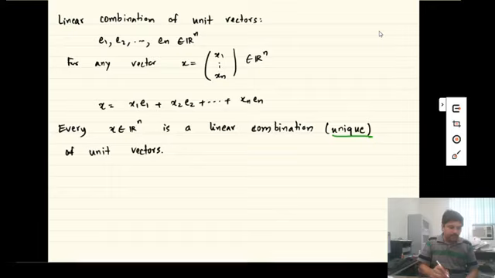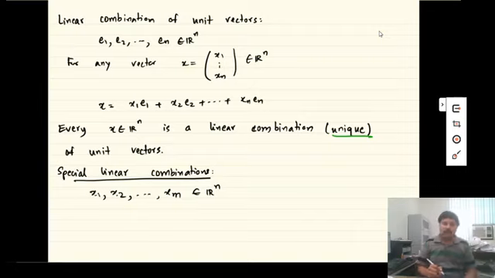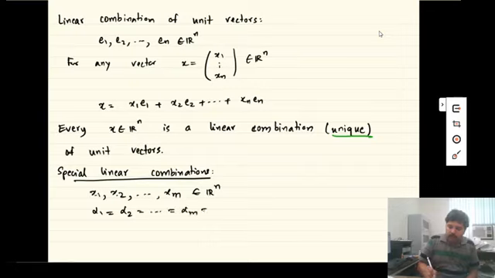Another special linear combination that we really want to look at is this: you have m vectors x1, x2 up to xm in Rn, and you take alpha 1 equal to alpha 2 equal to alpha m, which is equal to 1.